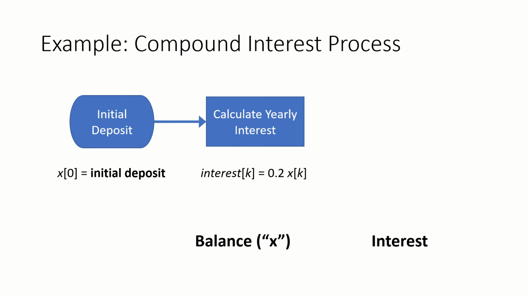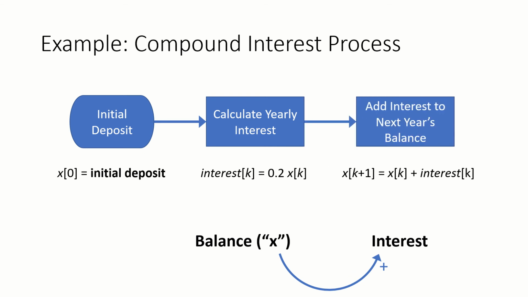So if I have a balance, if I call this a variable in a causal loop diagram, then I know that if I increase my balance, I'm going to increase my interest. So I've got a simple causal loop there, and that is reflected here through this expression right here. So this expression has got a balance, and I can see that the balance is related to interest with a positive number in between them. So if I increase my balance, I'm going to increase my interest. And that's all that I'm showing right here.